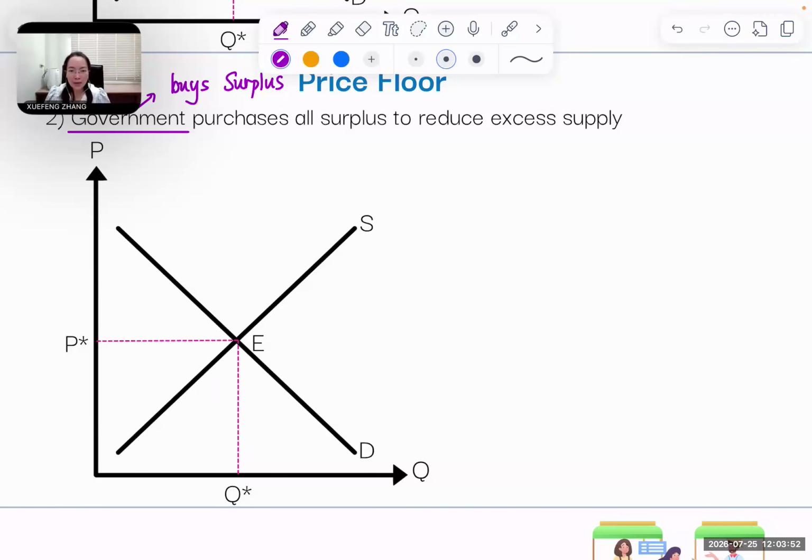Okay, what happens to all that rice? Maybe they're gonna export to other countries, maybe they're gonna donate as food aid, or often it just sits and rots. By buying up the surplus, the graph looks clean again.